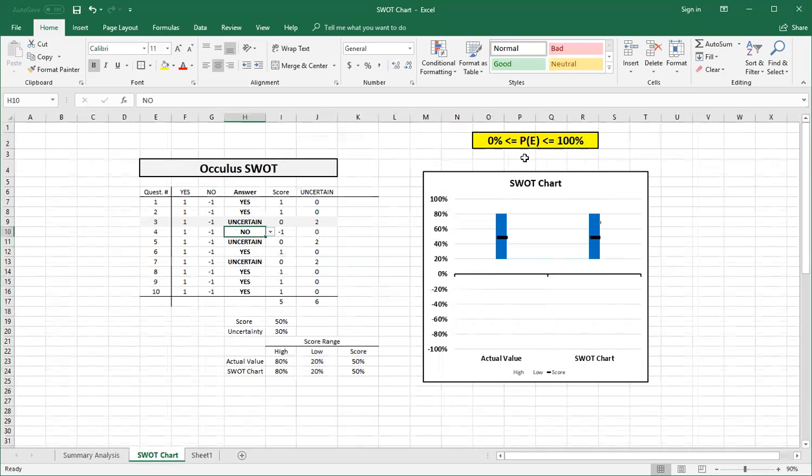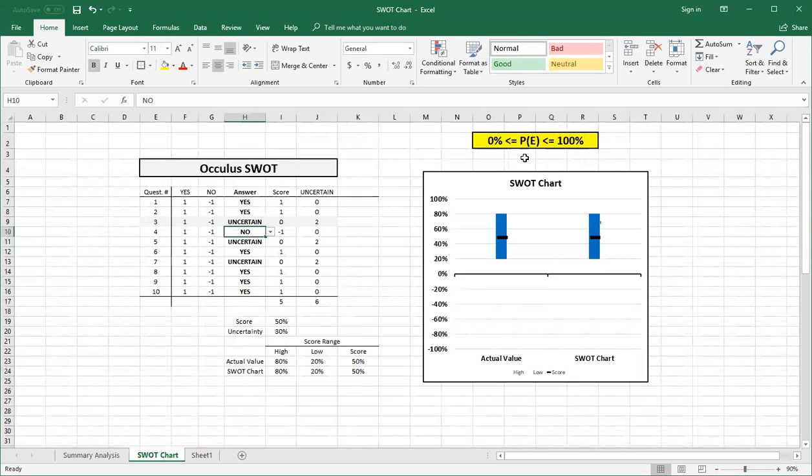And the event we want to happen is that we win the deal and that it closes on or before the stated close date. Because we're dealing with probability, the probability is always between 0 and 100%.